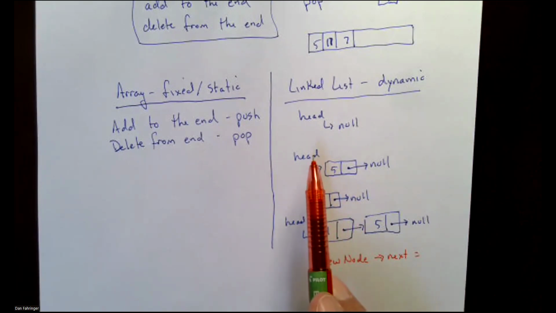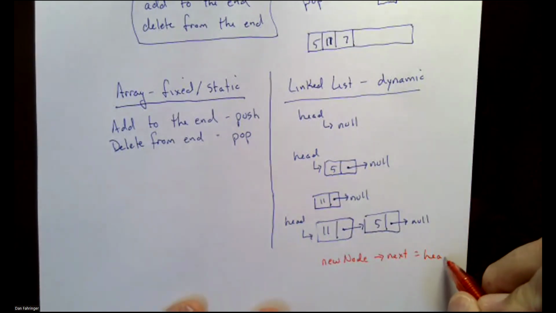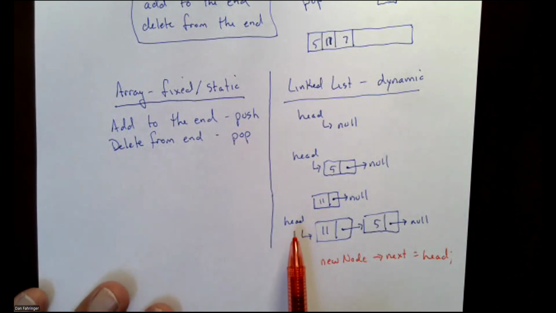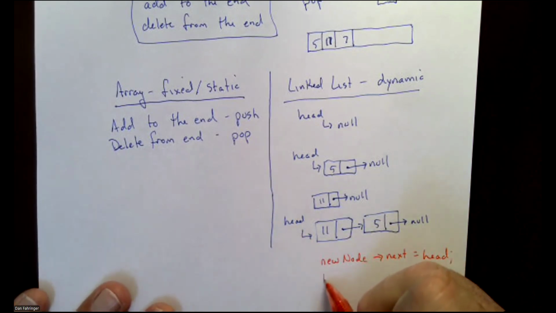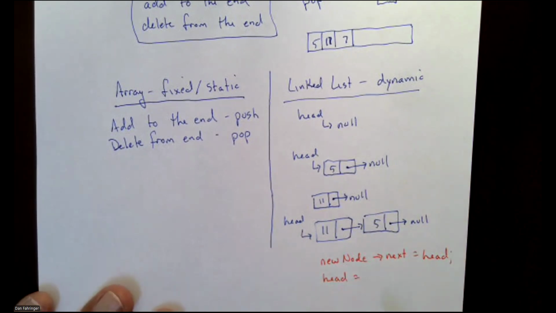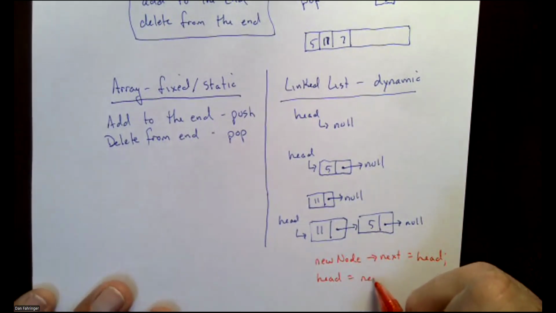Point it to, or have it set to the head's pointer. Yep. I want it to point to where head was pointing. And then I said, okay, good. Now I want head to get the address of the new node. Good.